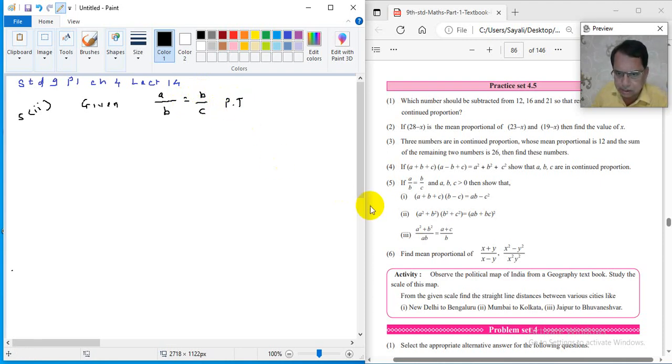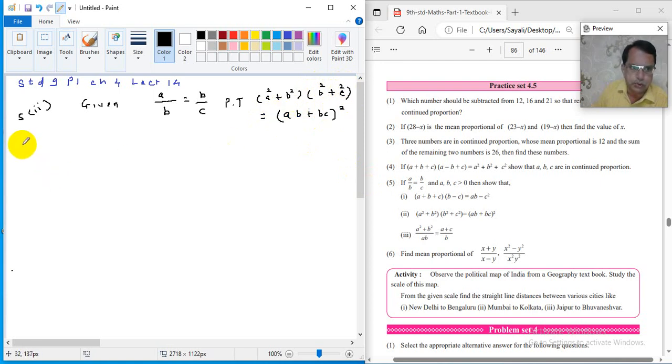Prove that this second part, A square plus B square into B square plus C square is equal to AB plus BC bracket square. Right? This is what you have to prove. So solution.